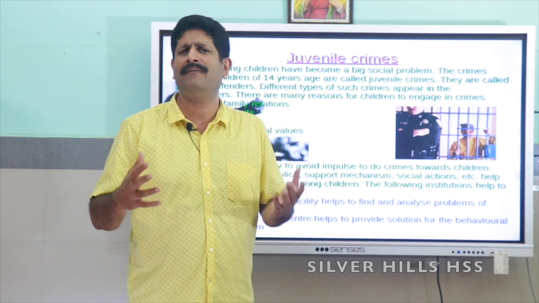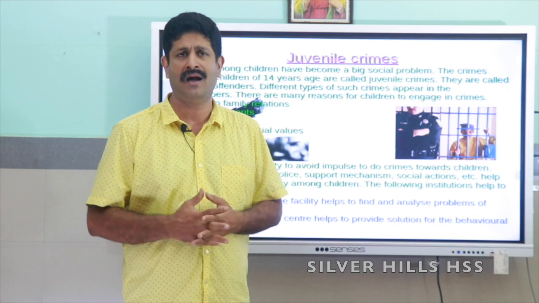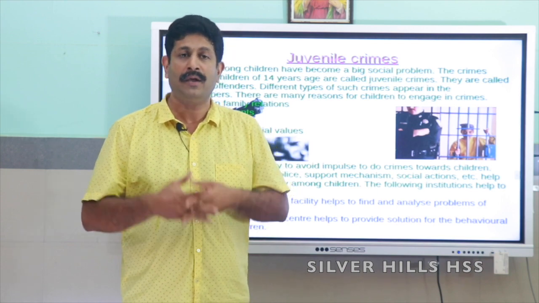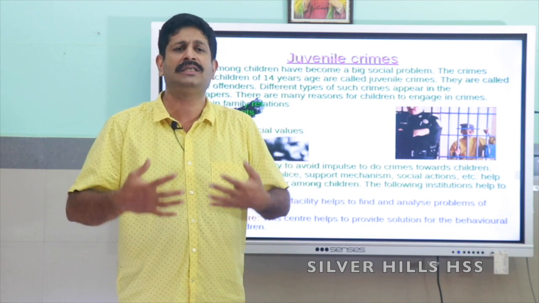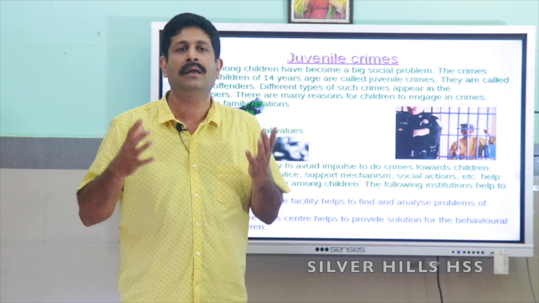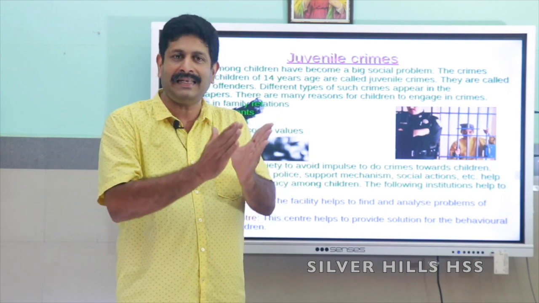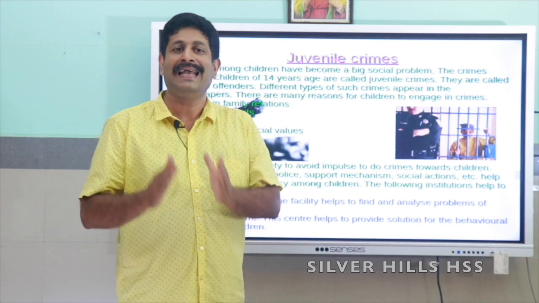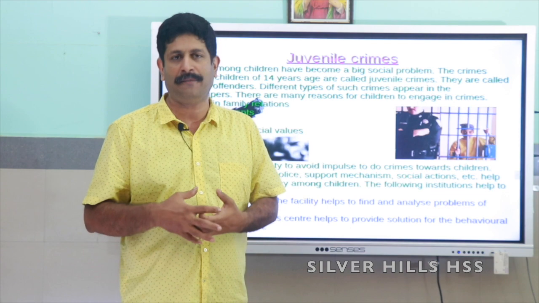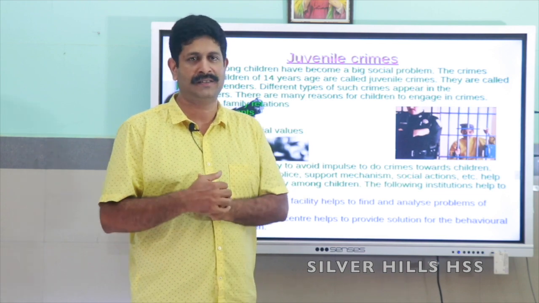We can see a lot of such things in the newspapers and the media. Juvenile crime has also become a social problem, because of the urge of students to get more and more money for their lavish life, they act as criminals in society for their own benefit, and it is a big social problem nowadays.